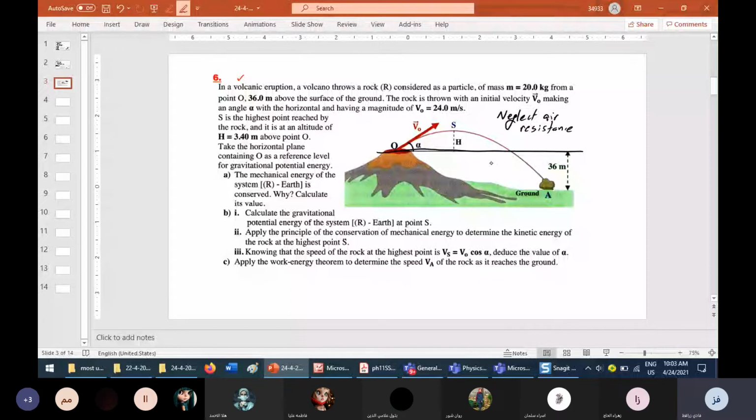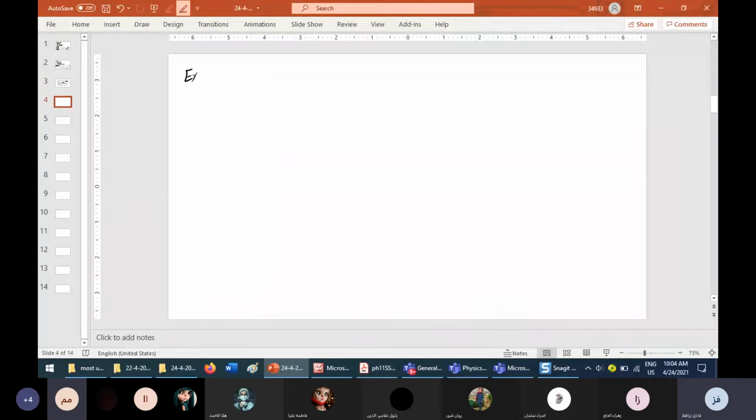Calculate its value when? At O or at S or at A. Teacher, any position that gives you data, calculate it there. Try at O, at S, at A. Now in exercise 6, part A: mechanical energy is conserved since friction is neglected. Now we want its value. What are the components of mechanical energy?